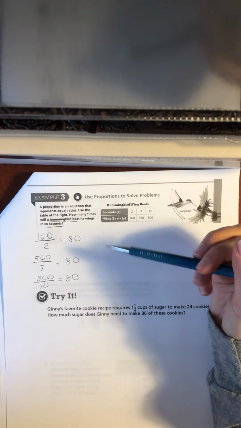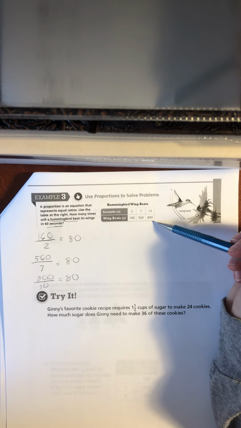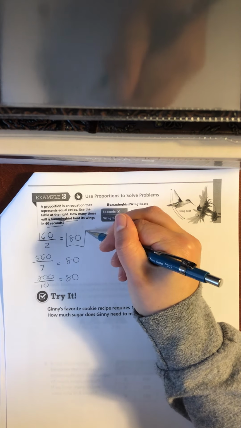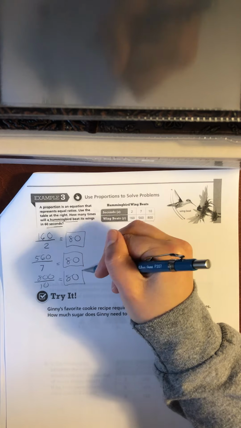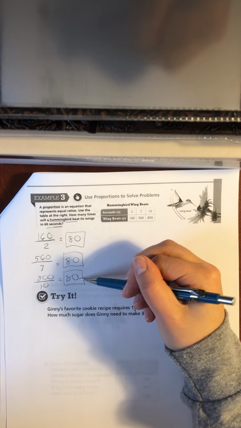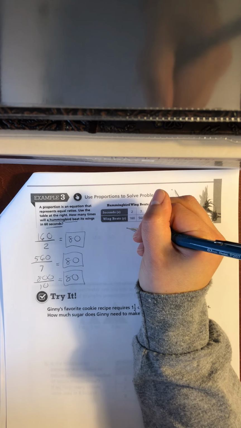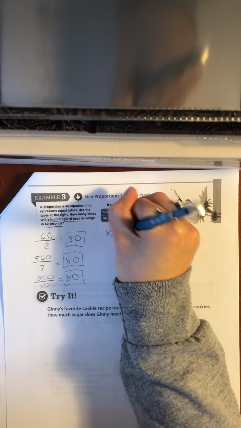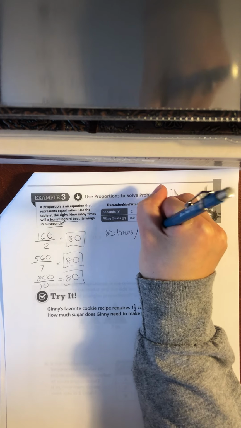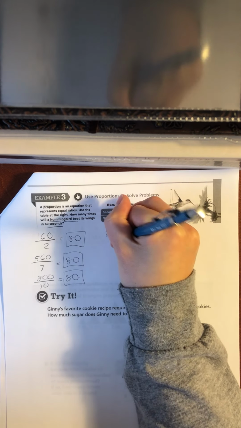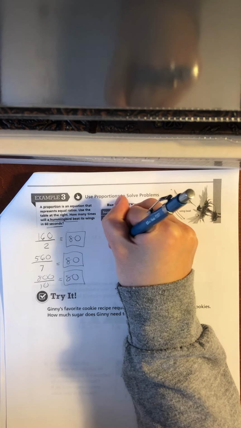What we're doing right now is we're just verifying that this is a proportional relationship. And since all of the ratios are equivalent, we know that this is a proportional relationship. So what we just found out is that the hummingbird beats its wings 80 times per second. So 80 times or 80 beats per second.